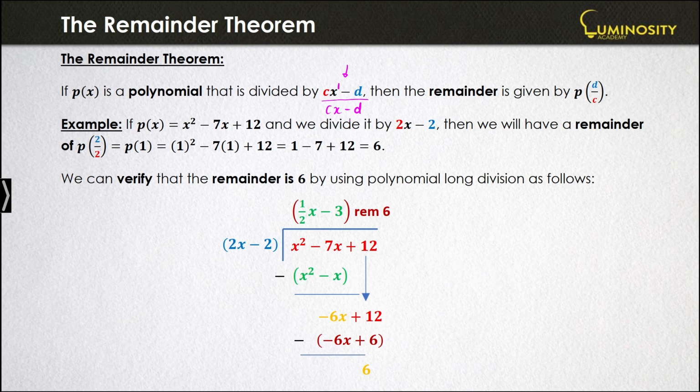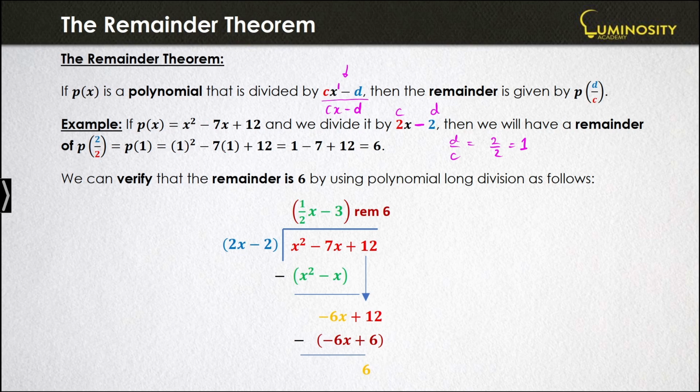If p of x equals x squared minus 7x plus 12, and we divide it by 2x minus 2, then we can automatically know what the remainder is. Here's your c and here's your d. So d divided by c is 2 divided by 2, which is 1, because I'm already separated by a minus sign here. So p of 1: I need to evaluate the polynomial at 1.